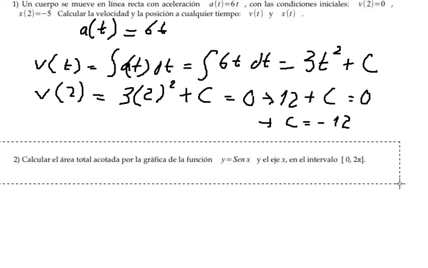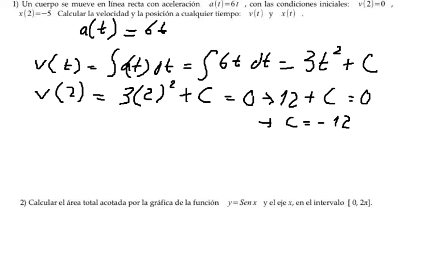Now let's go to the second one. And we got v(t), that's 3t squared minus 12.